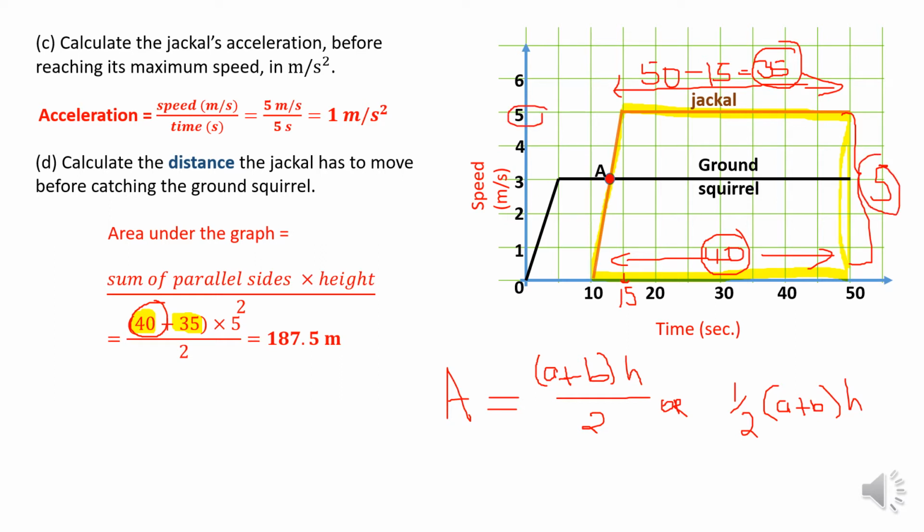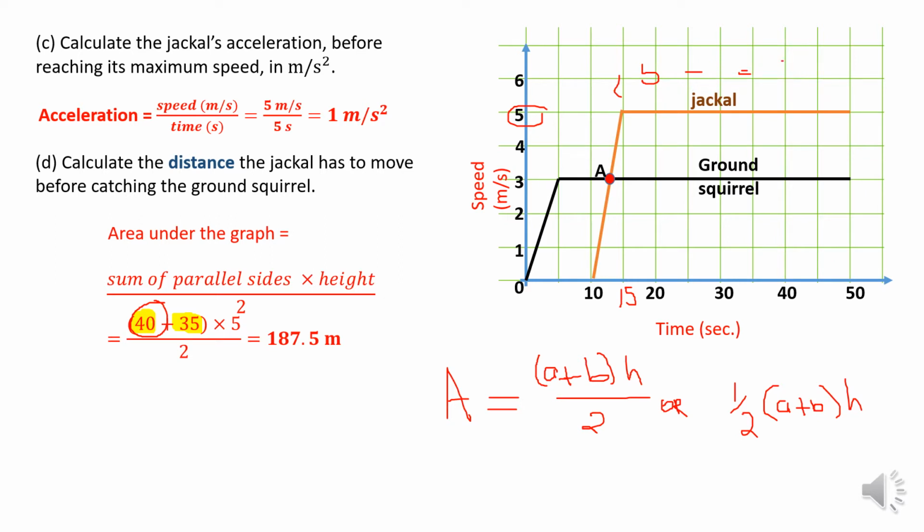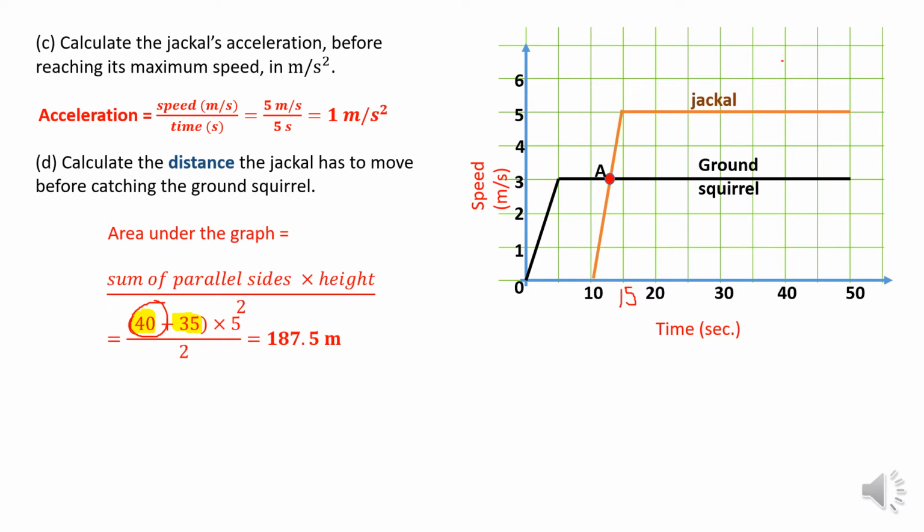But again, as I say, it's totally up to you in this particular case whether you want to divide your graph, because remember, whatever is under the graph is how you calculate the area in a speed time graph. So if you wanted to, you could also have decided to divide it into rectangles and triangles.